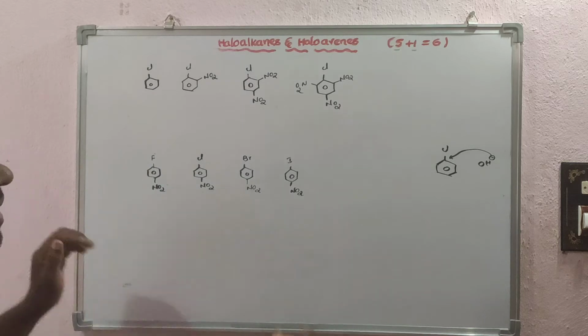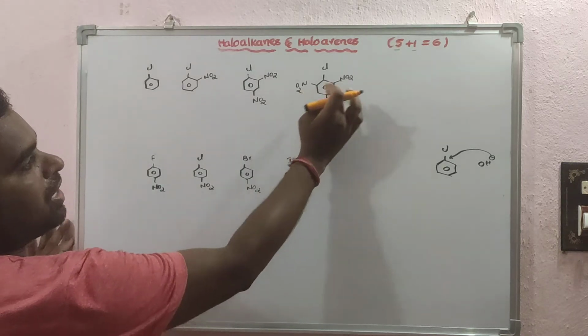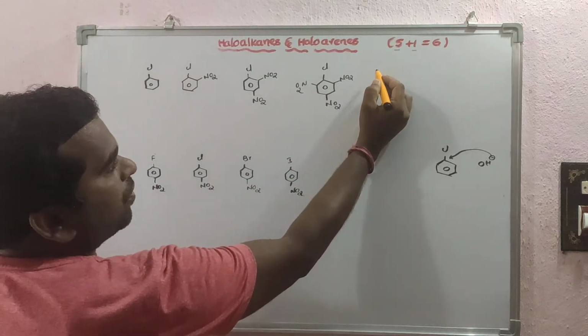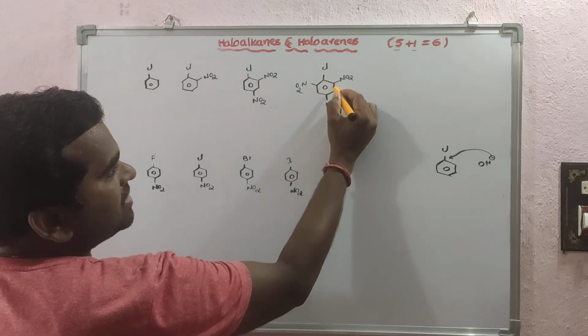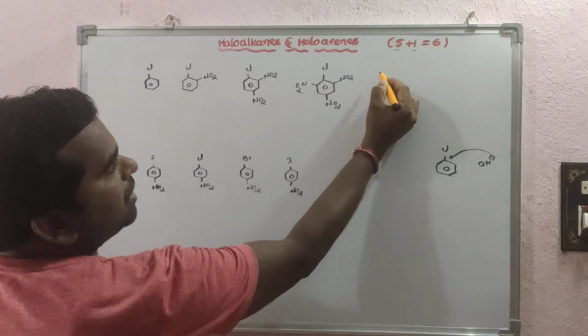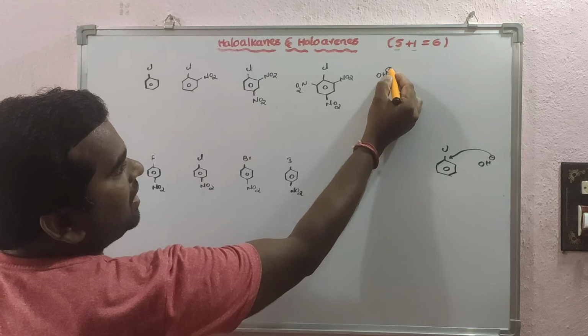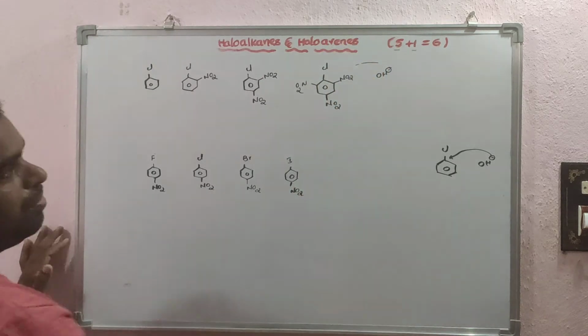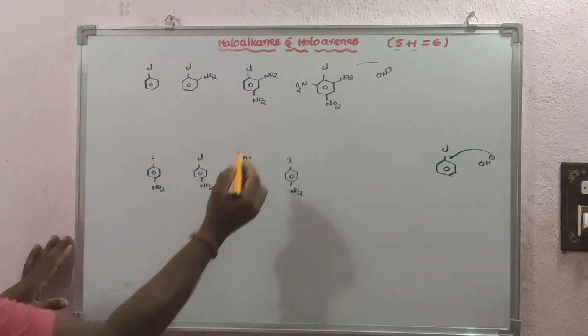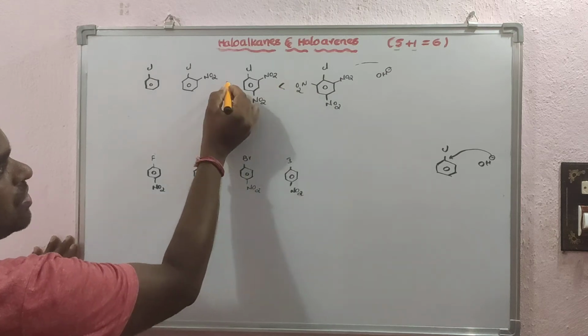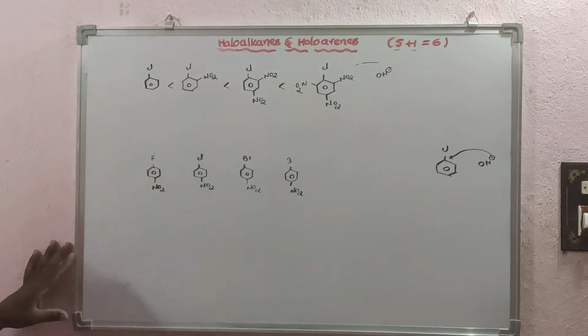Here, 3 electron withdrawing groups are there, so the benzene has less electron density, the nucleophile easily attacks, and chlorine will be replaced. What is the order of reactivity of these molecules towards nucleophilic substitution?